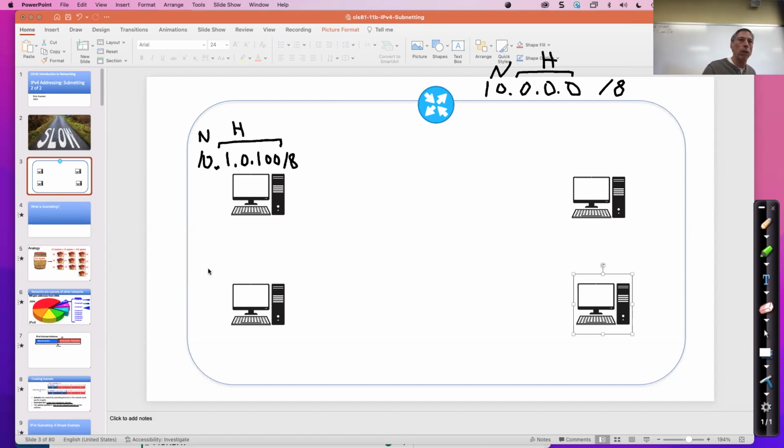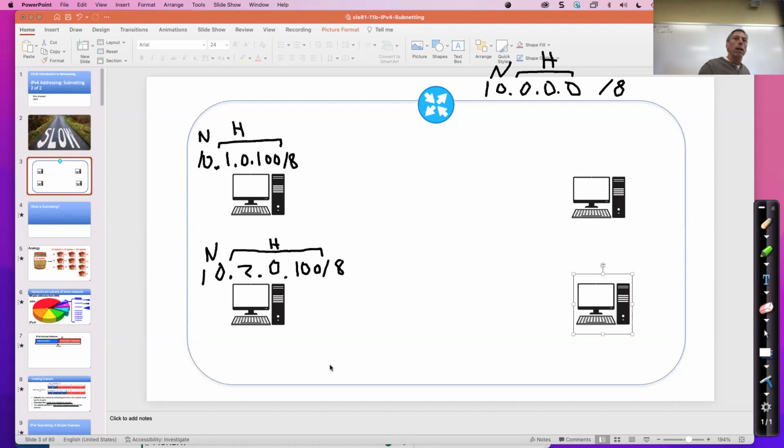We could have another host here that has the address 10.2.0.100. It's still different, right? /8. Because this is the network portion and this is the host portion. This host portion here is what needs to be unique.